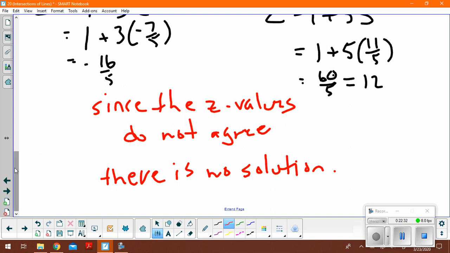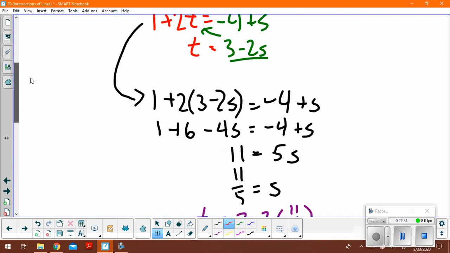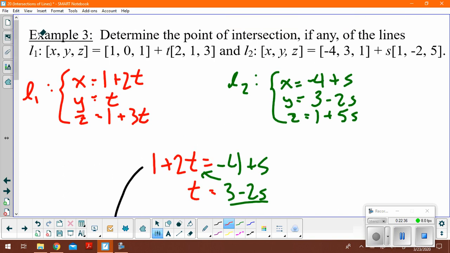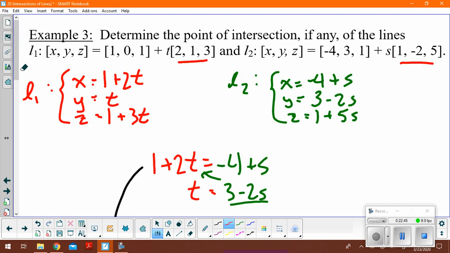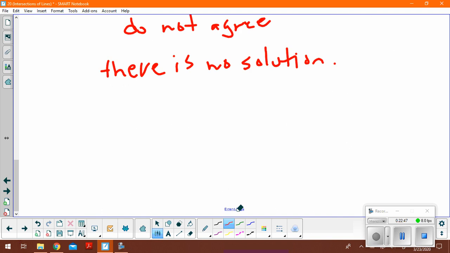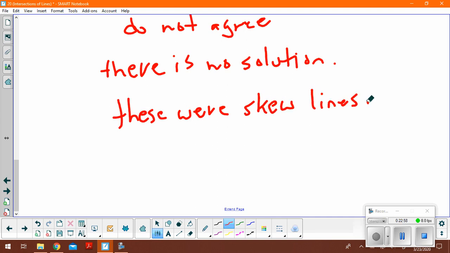And just to check, back at the top, my direction vectors were different. They're definitely not scalar multiples of each other. So that means that these were skew lines. These were skew lines.